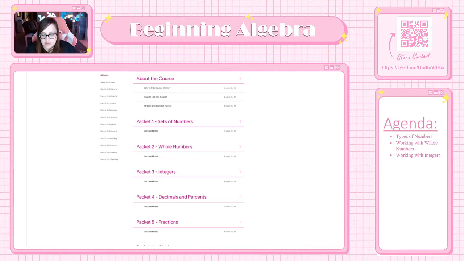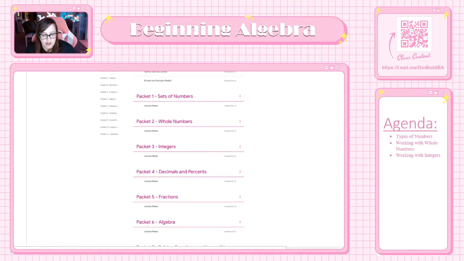Then we'll go into fraction stuff, and all of these first 5 packets are really just pre-work, making sure that you're ready to go into the algebra part, because a lot of algebra is dealing with fractions and negative numbers.